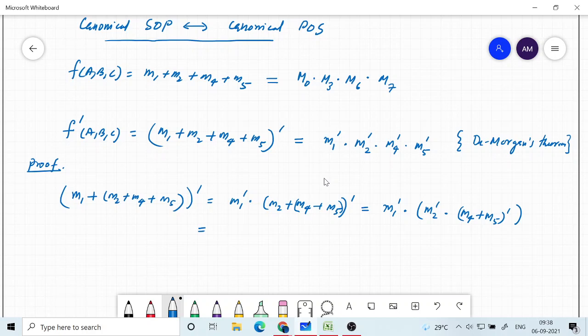Now you can apply DeMorgan's here. You apply DeMorgan's theorem one more time for m4 and m5, and you will get m4 dash dot m5 dash. Then we know that associativity is a theorem that we have proven, so it doesn't matter how we associate, everything is the same.